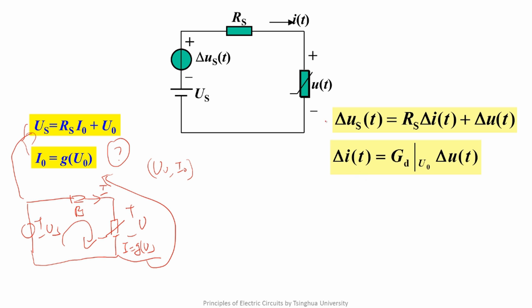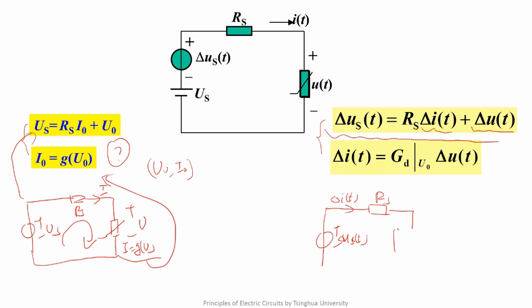Even more important, for the linear algebraic equation about delta IT and delta UT on the right, based on the circuit, how to get its corresponding circuit? This equation is also a KVL equation, so we can write like this. What is it so as to make it delta UT?